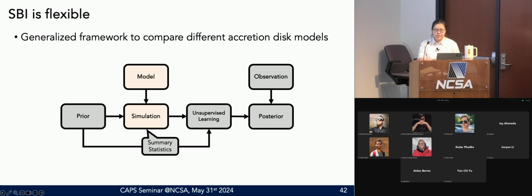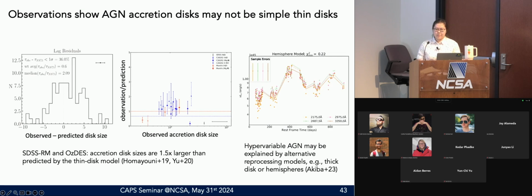And this is really important because we know that currently our accretion disk models are not perfect. For example, from observations from SDSS-RM and OzDES, which is the DES continuum RM campaign in the supernova field with DES, we find that accretion disk sizes are usually about 50% larger than the size predicted by the general thin disk model.